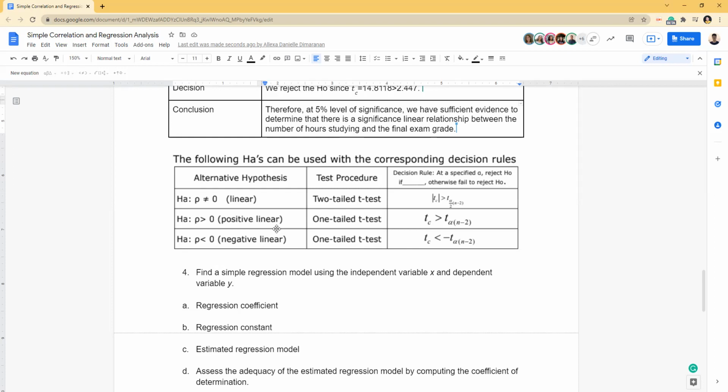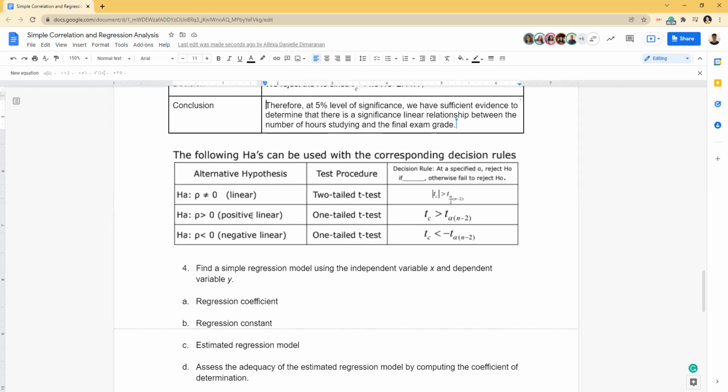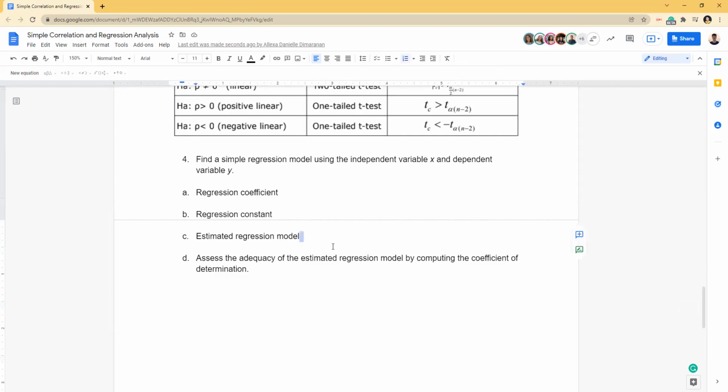For this case, we will assign the number of hours spent studying as the independent variable, and the final grades as the dependent variable. Then we're going to get the regression coefficient and the regression constant. What's the difference between the two? If you watched Professor Yambot's whole webinar, our regression model is just y equals mx plus b, if you can still remember your linear equation.